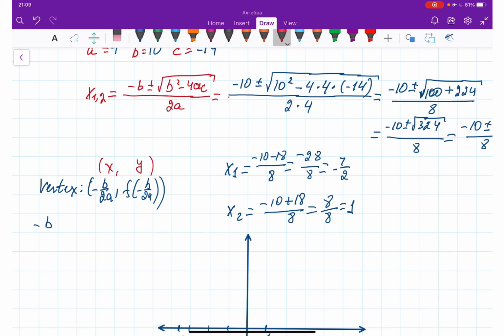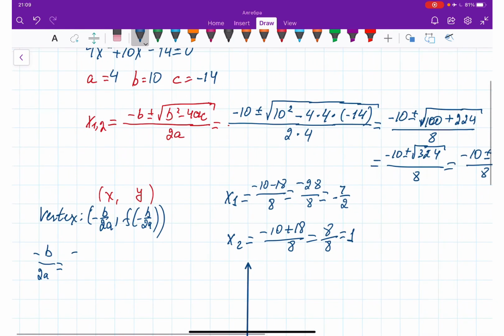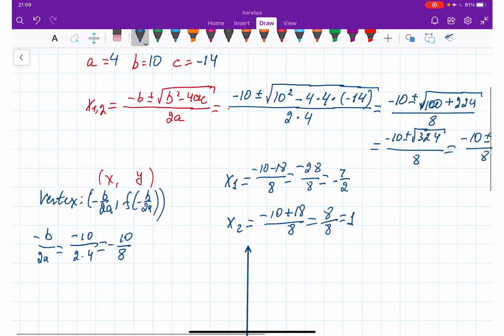All right, so negative b over 2a is equal, our b is how much? 10, which is going to be negative 10. And over 2 times a, 2 times 4. Negative 10 over 8, right? Reduce by 2, it's going to be negative 5 over 4. Yes? All right?